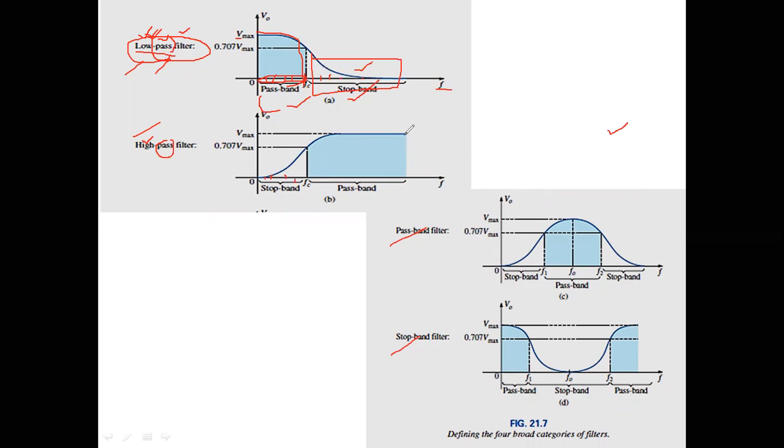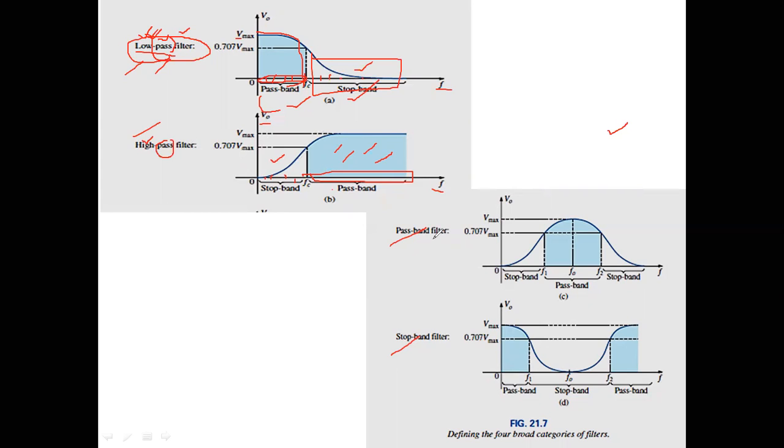And this blue shaded region means it has been allowed by the filter. So these are the high frequency range, allowed by the filter, and this portion has been blocked. This is also the V output or frequency graph.